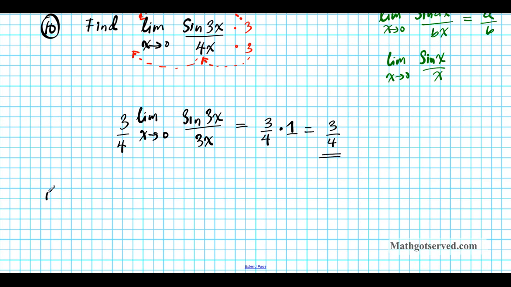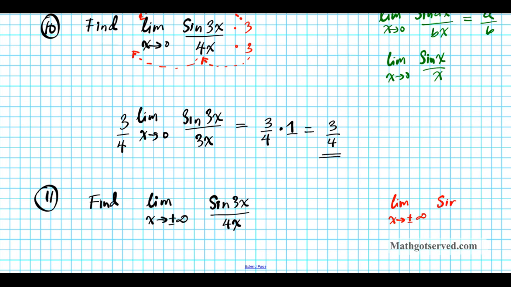Number 11. Let's find the limit as x approaches plus or minus infinity of sine 3x over 4x. Okay, so for this one, remember that the limit as x approaches plus or minus infinity of sine x over x is equal to 0.